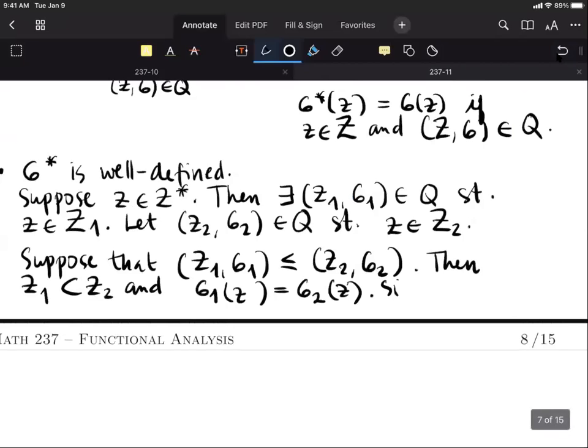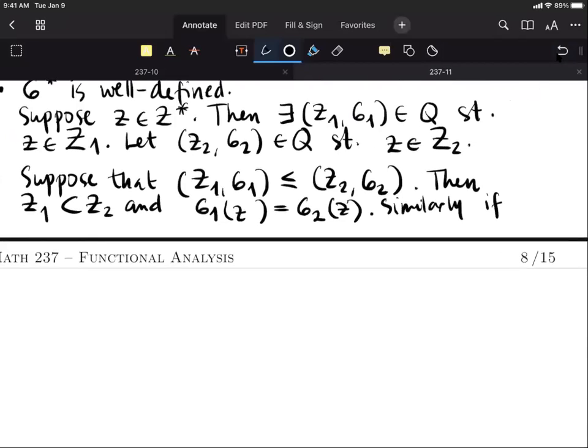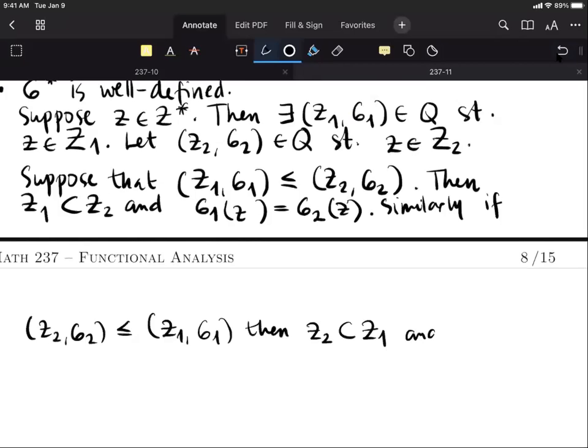Similarly, if you have the other relation, then Z2 is a subset of Z1, and hence G2 evaluated at z is the same as G1 evaluated at z.